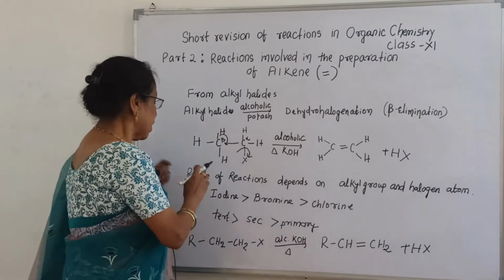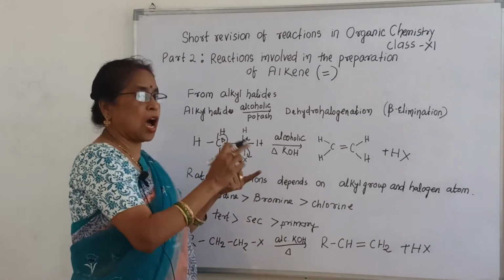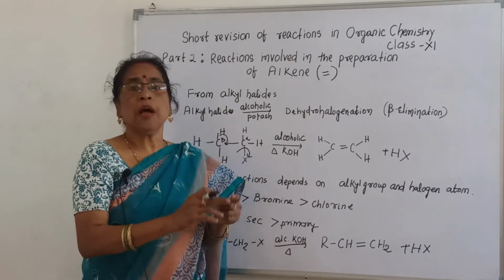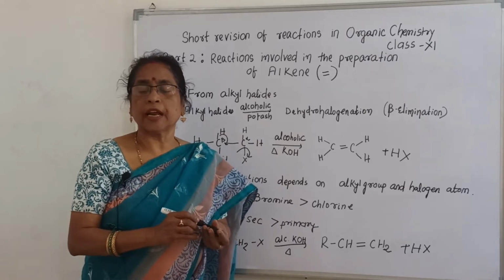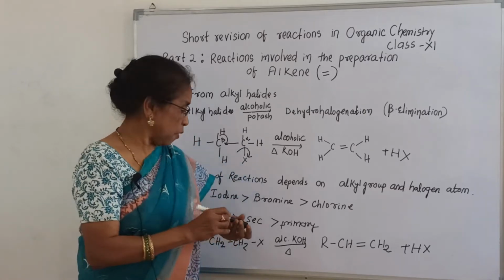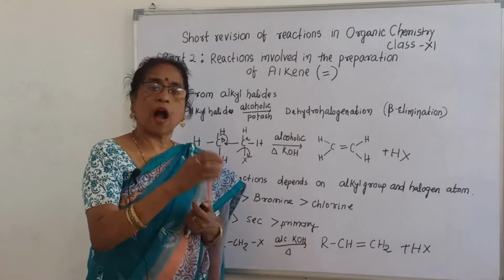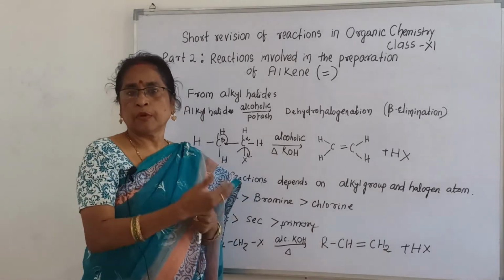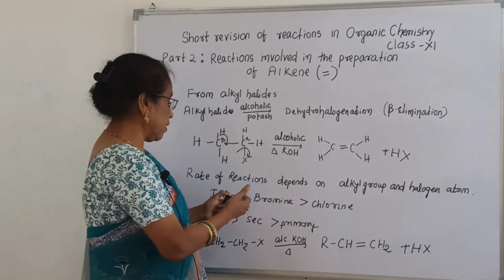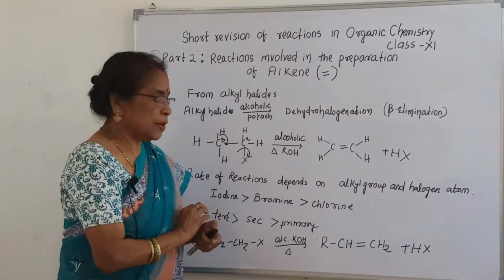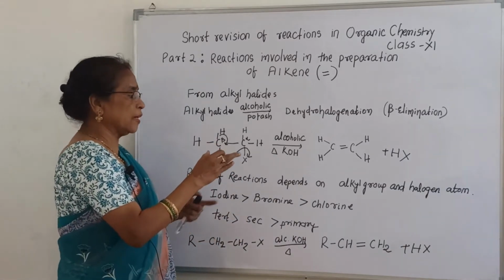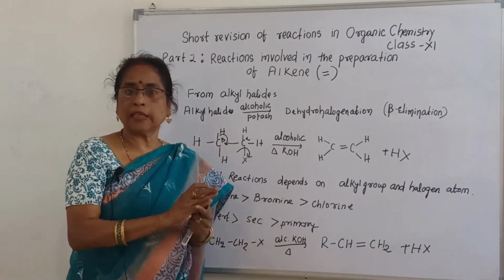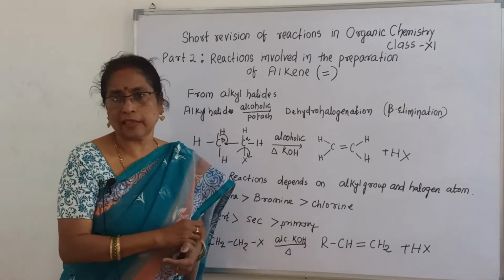Again listen, the rate of reaction depends on the alkyl group and the halogen. Among halogens, bromine, iodine and chlorine are important. If iodine is there, the rate of reaction is very fast compared to bromine and chlorine. Similarly, it depends on the alkyl group. Alkyl groups are primary, secondary and tertiary.